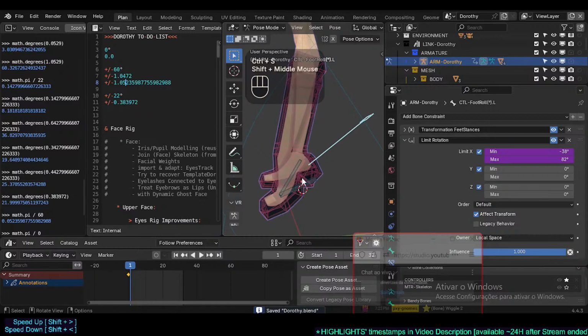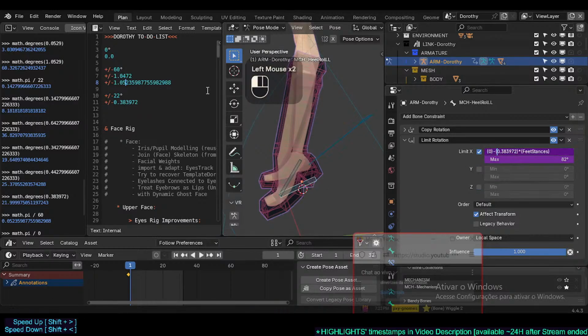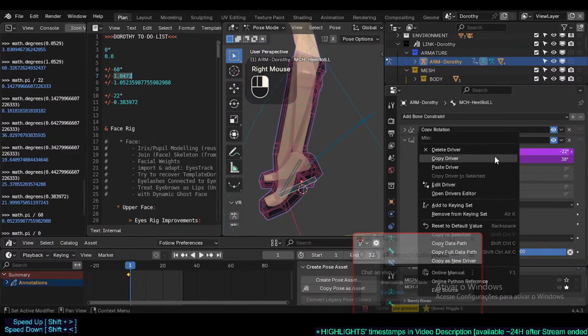So this is simple. Now here, the idea is that it starts with 0, but we're gonna negate that. And here we start at positive 60 degrees, and then we're gonna do negative, and so you have this, and now we can copy paste.